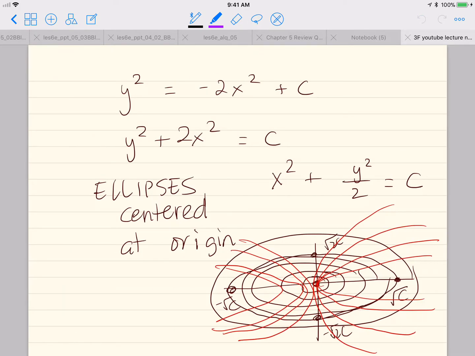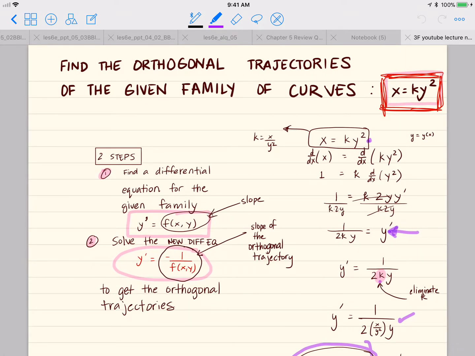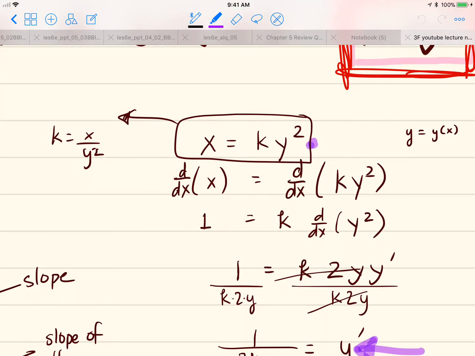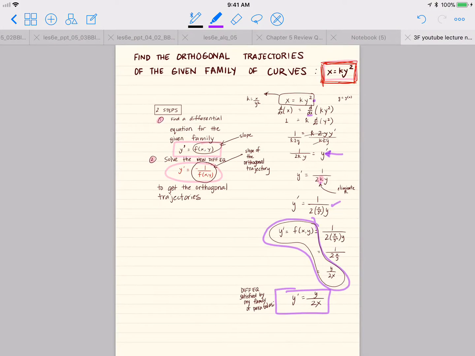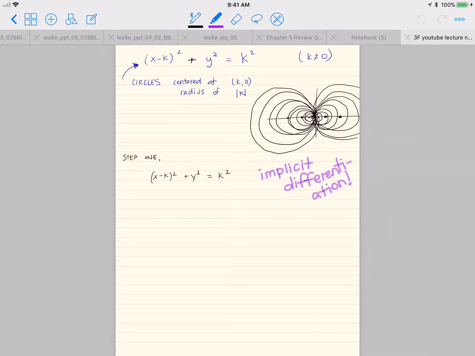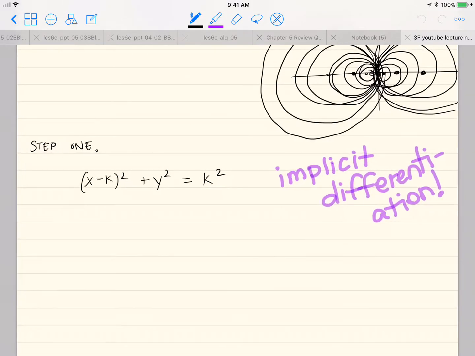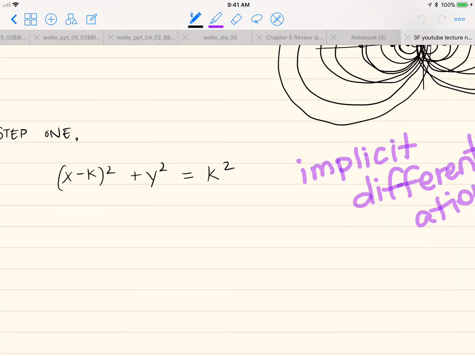In the last video, we used implicit differentiation because we were taking the derivative with respect to x of k times y squared, so we had to use the chain rule to give us 2y y prime. Now, over here, we're going to take the derivative with respect to x of both sides.